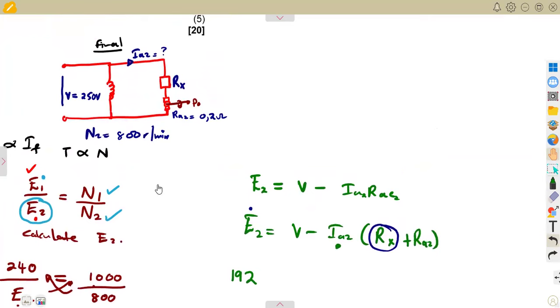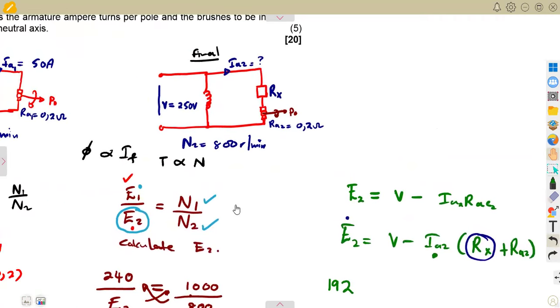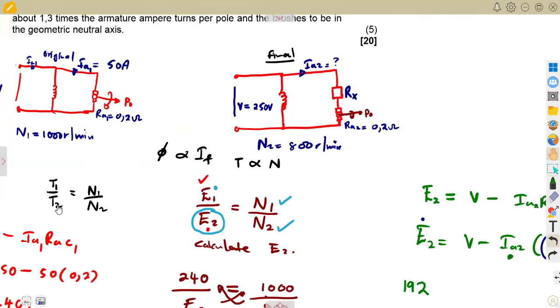We do not have a relationship given for the torque. Remember, there is that part that you can consider in terms of the torque, like T1 over T2 equal to N1. You can also consider this to be equivalent to the armature current.